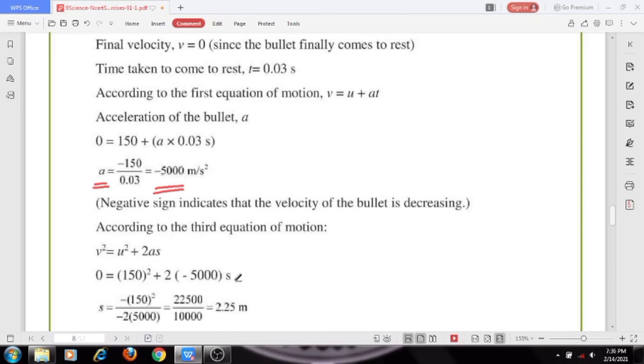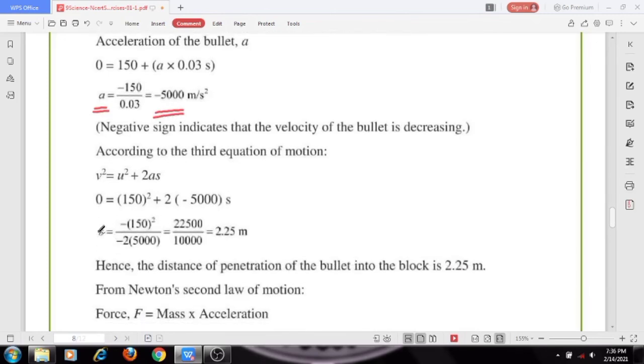Then I need to find s. On rearranging this step, I will get s equal to minus 150 whole square divided by minus 2 into 5000, which is equal to 22,500 divided by 10,000, which is equal to 2.25 meter.